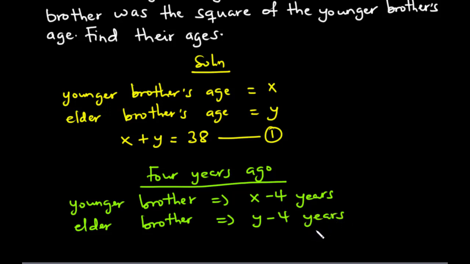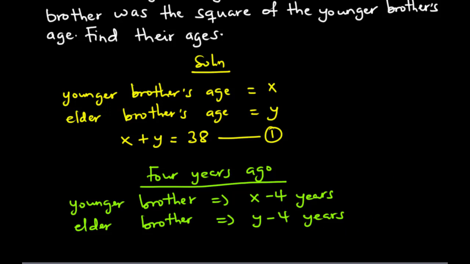Because we have the statement 4 years ago, it basically means that we are going to subtract 4 from the current age. So the current ages of the two brothers are x and y respectively, which means that 4 years ago they were x minus 4 and y minus 4 respectively.